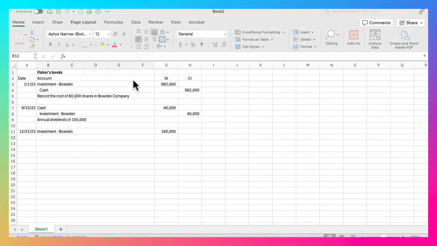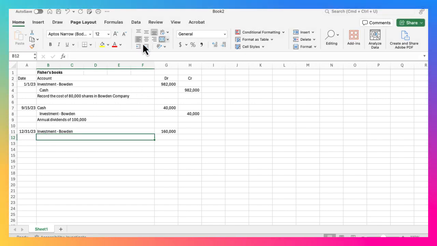So, we have income here. We debited investment in Bowdoin. We're going to credit equity in investee income for $160,000. Okay? And again, what happened here?